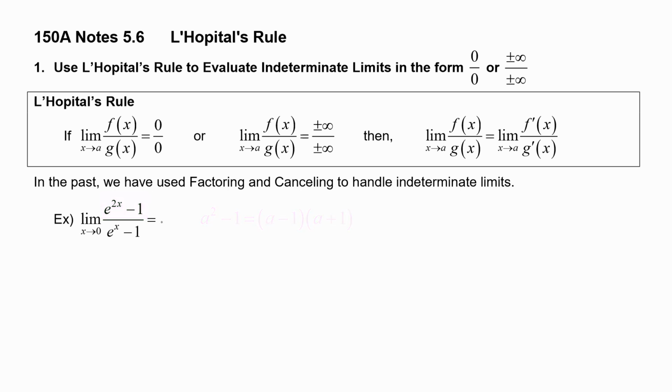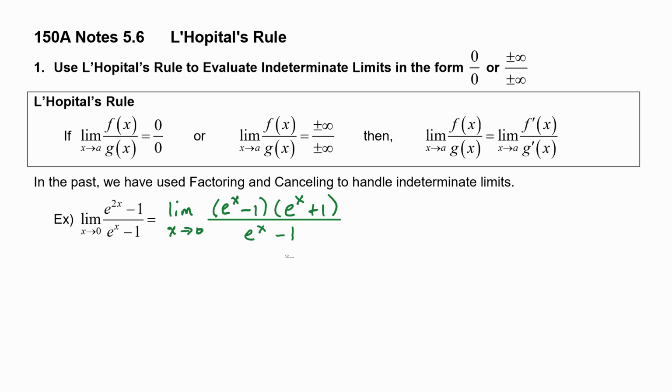So that means we can rewrite this as the limit as x goes to 0. The numerator will factor to be e to the x minus 1 times e to the x plus 1. The denominator is e to the x minus 1.